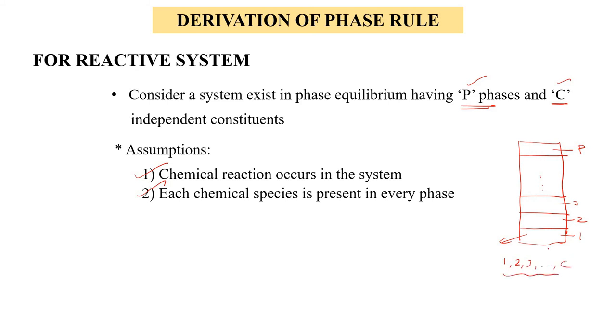All these components are present in phase 1, and similarly all these components are also present in phase 2 and in phase 3. So all the components from component 1 to component C are present in all the phases. This is the second assumption.